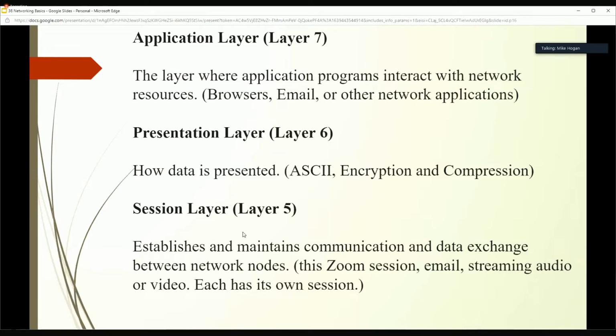Layer 5, the session layer, establishes and maintains communication and data exchange between network nodes. So it's agreeing on the session terms, if you will. What are the requirements? What are the key pieces of connecting that session, sender to receiver?